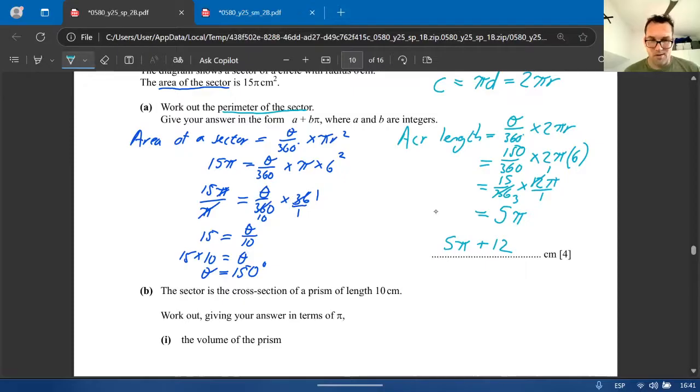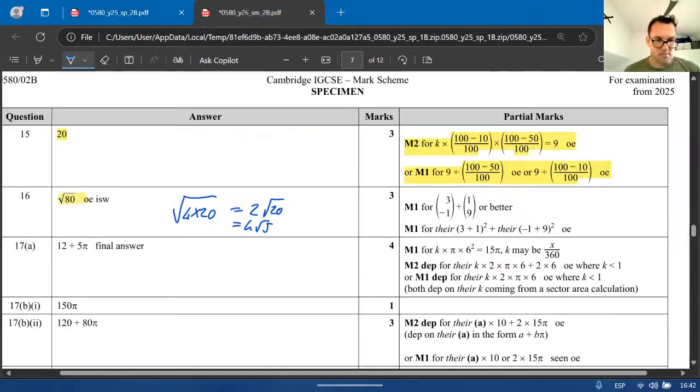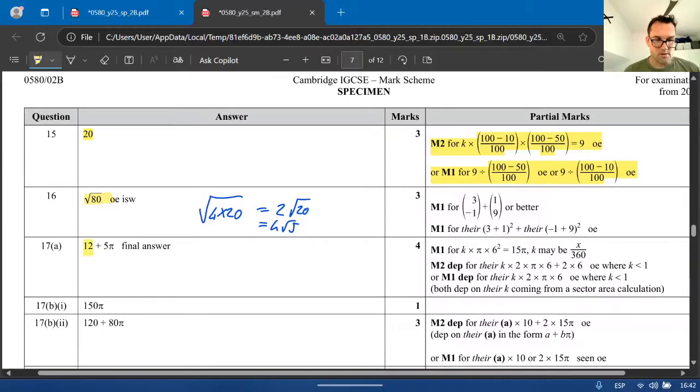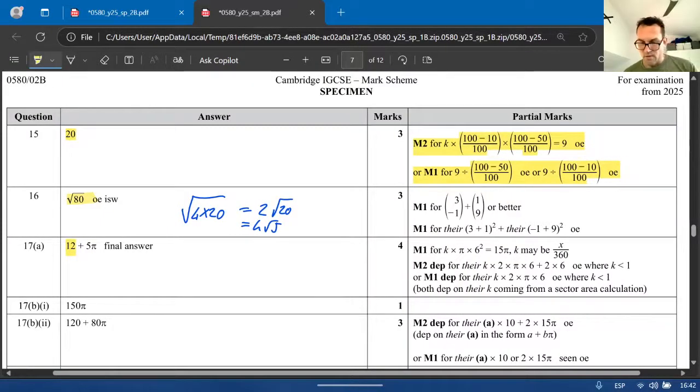Be careful, they want it in that form, so I guess we're going to have to put the 12 first and then the 5 pi. Okay, 12 plus 5 pi. Correct final answer, yeah?